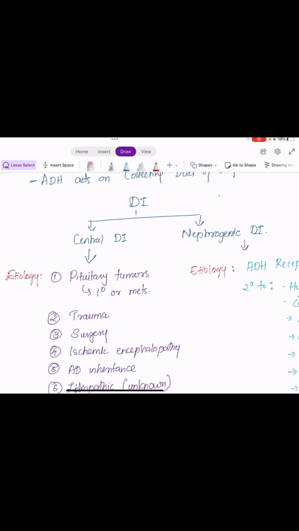Now let's get back to the different types of DI. DI is of two types, central and nephrogenic. Central DI occurs if there is a pituitary tumor, which may be a primary tumor or could be due to metastasis, or if there is any damage to the pituitary due to trauma or surgery.